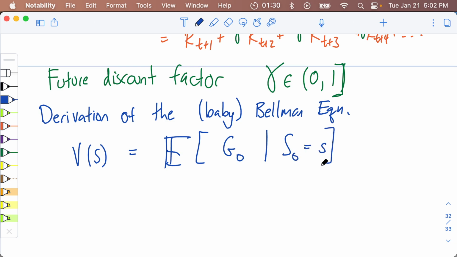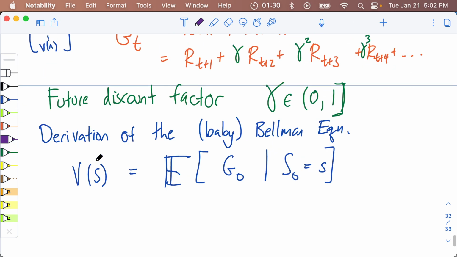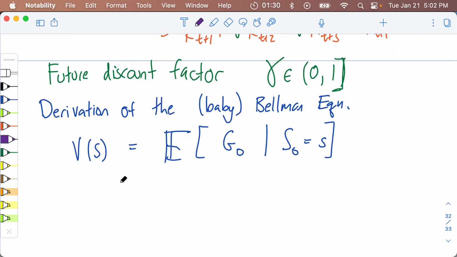Here is the whole trick in a nutshell: G0 is actually related to G1. Here is the claim: G0 equals the reward you get now plus gamma times all the returns in the future. That's the equation we're going to use.